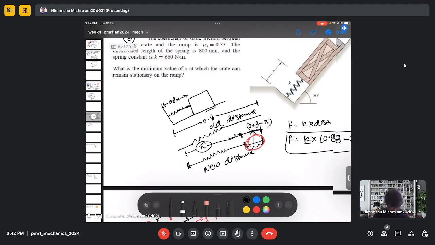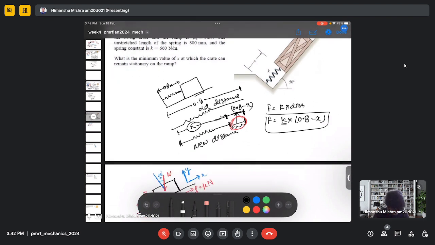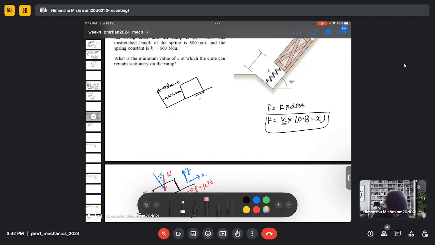So just to again explain the concept, first the unstretched length is 0.8 meter. Due to the weight, the crate will go down up to some certain length x, and after that it will come into an equilibrium position.